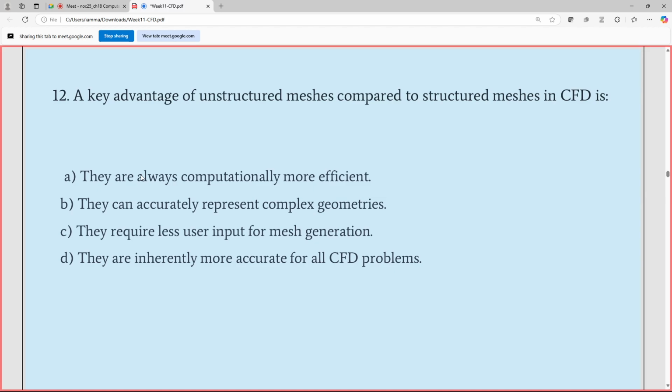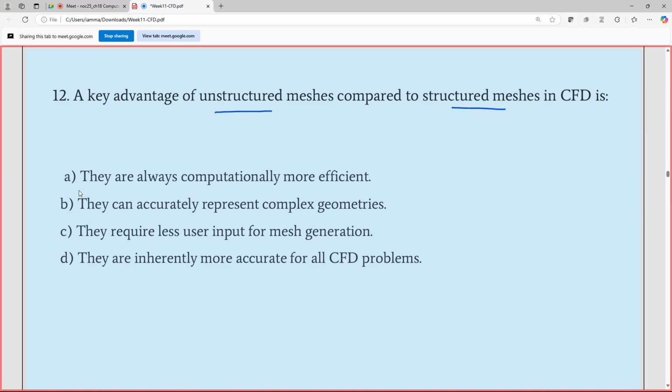Next question. A key advantage of unstructured meshes compared to that of structured meshes in CFD is. Again, the question is on the advantage of unstructured meshes over structured meshes. We have already seen similar questions, but every time the catch is in the options. So try to understand the options very well and then try to answer the question.